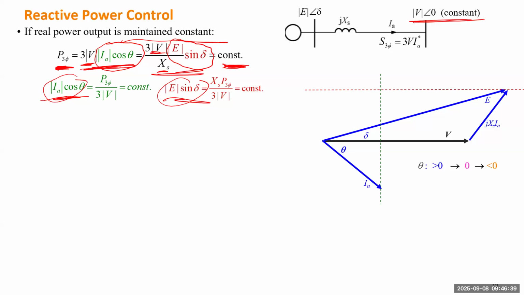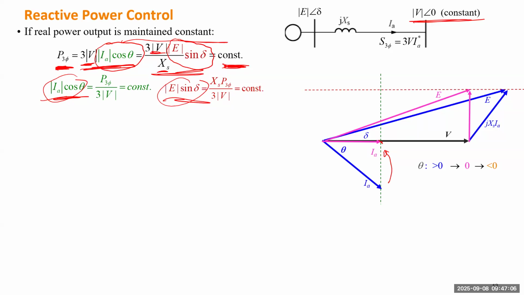So we have shown one of the 3 conditions, which is the lagging power factor. And then next we'll move to the unity power factor, which is theta is 0, the current in the same direction as V, and the leading power factor, negative theta. So for 0 theta, you see the current moves to the x-axis, right?